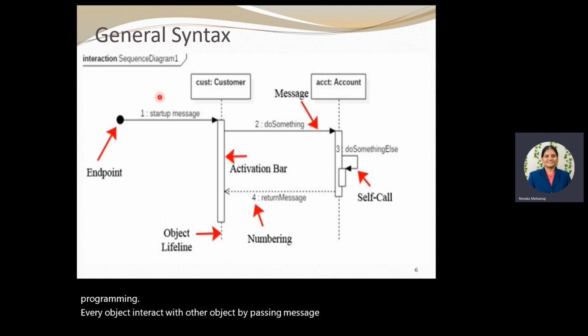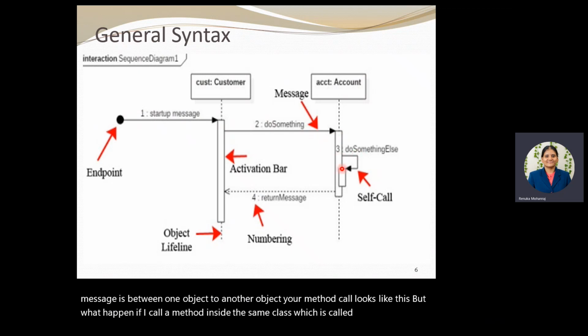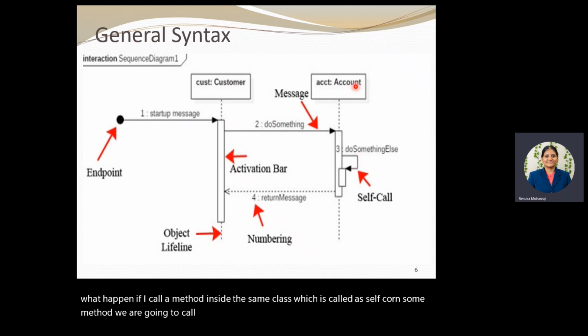So that message with arguments, you can show on this line. That's what these arrow lines are. If the message is from one object to another object, your method call looks like this. But what happens if I call a method inside the same class, which is called a self call? Some method we are going to call in the same account class.